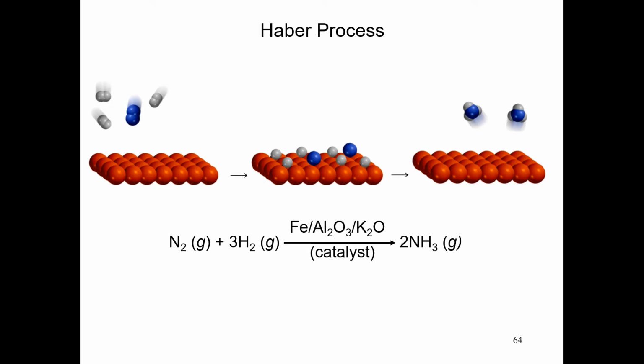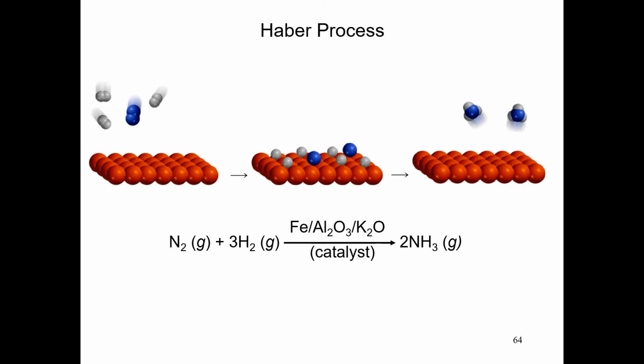And as you can see, the catalyst essentially provides a surface that makes it easier for the molecules of nitrogen and hydrogen to break down or dissociate into single atoms, and this allows for them to combine and form ammonia, and that is the so-called Haber process.